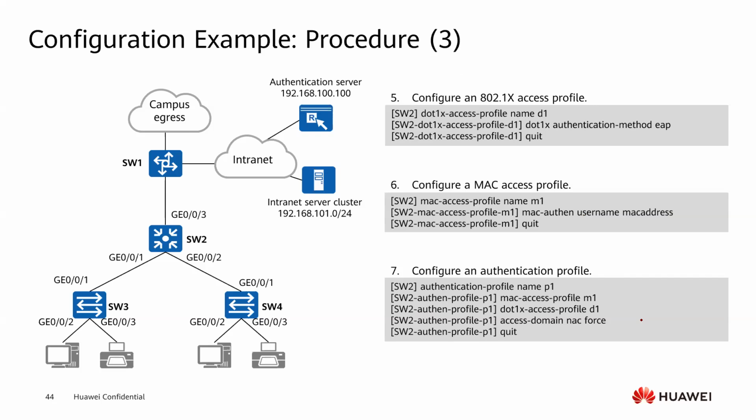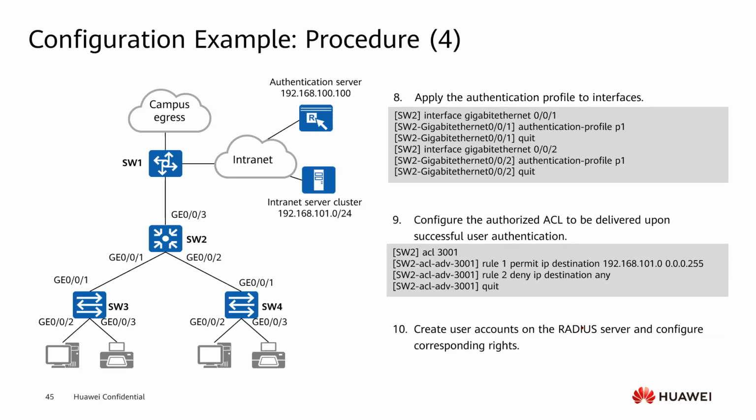And then you need to configure different authentication access profiles. The first is 802.1x, another is MAC address. And then you create an authentication profile, bind these two kinds of access process, and also bind the specific authentication domain just for NAC.